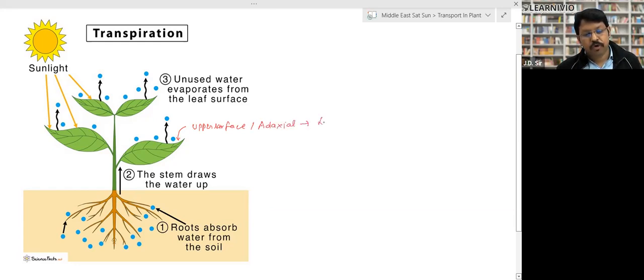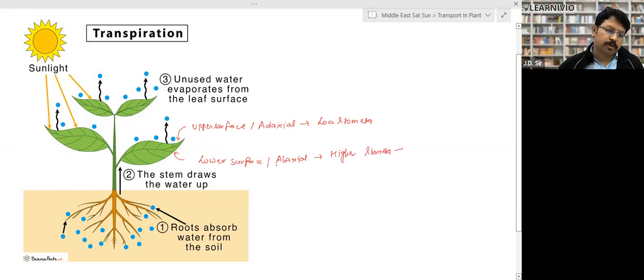It has a low stomata count, sometimes zero stomata, to reduce transpiration. The lower surface is called the abaxial surface, and it has a higher stomata count. So transpiration takes place more from the lower side, right? Please note it down.